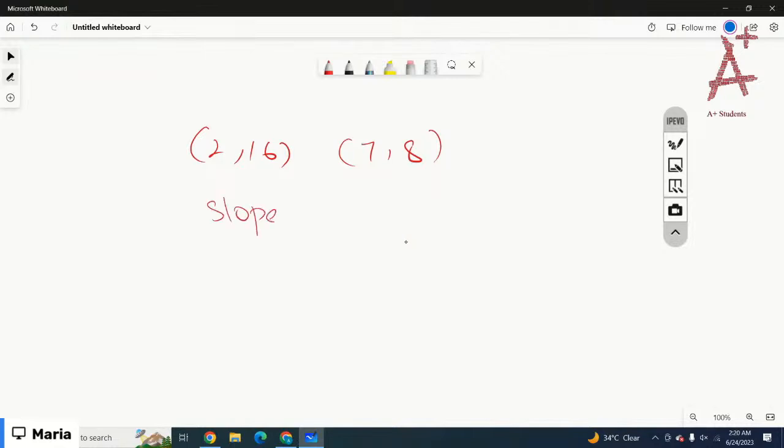So for the slope, x1, y1, x2, y2: 8 minus 16 and 7 minus 2. 8 minus 16 is negative 8, and 7 minus 2 is 5. So it would be negative 8 over 5. So the slope is negative 8 over 5.